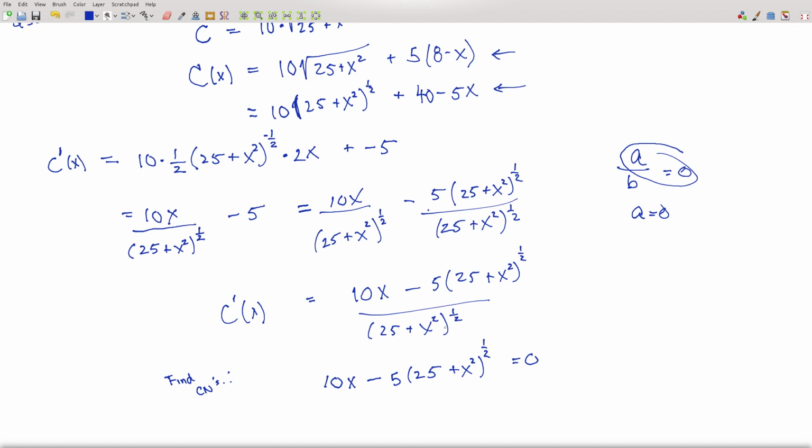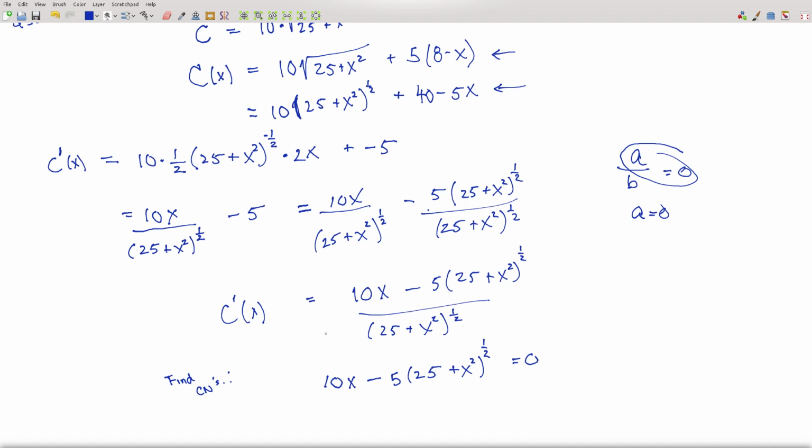Before I go on too far, I just want to say you can get critical numbers when the denominator becomes equal to 0, because that would make it undefined. But this denominator will not be equal to 0 for any of the values of x that we are interested in. You should take a look at it and decide what the reason for that is.